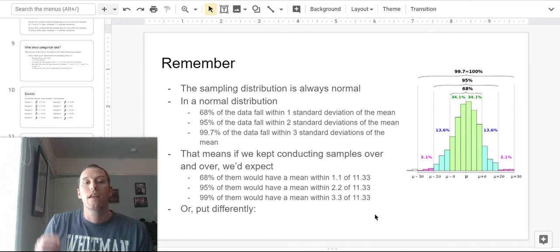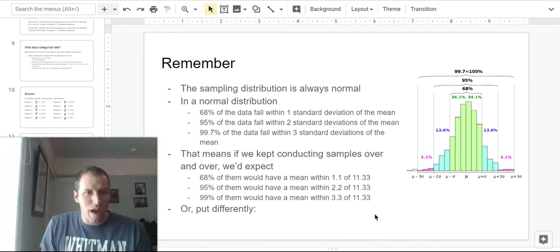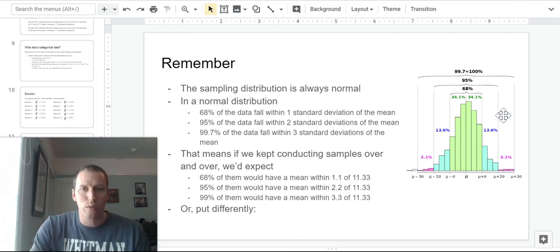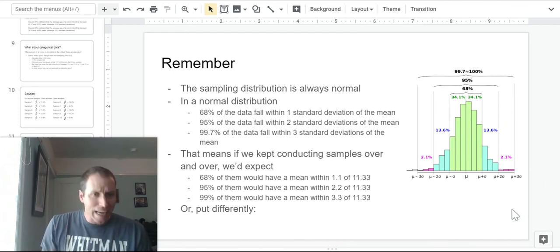Remember again the 68, 95, 99.7 rule. The sampling distribution is always normal. When I collect those samples of 1,000 coins and look at their proportions, that will always fit this nice, smooth, normal curve. In a normal distribution, 68% of the data is within 1 standard deviation of the mean, 95% within 2, 99.7% within 3.